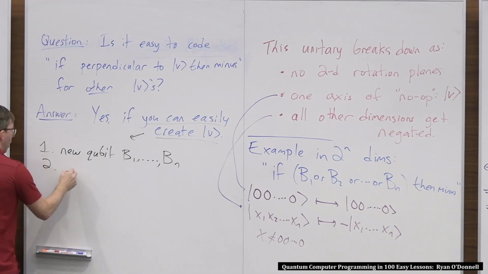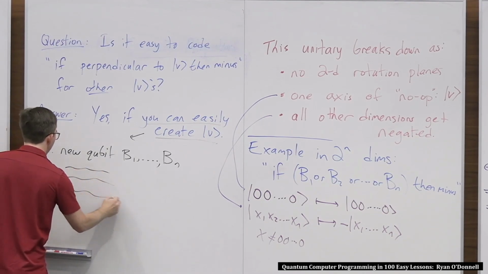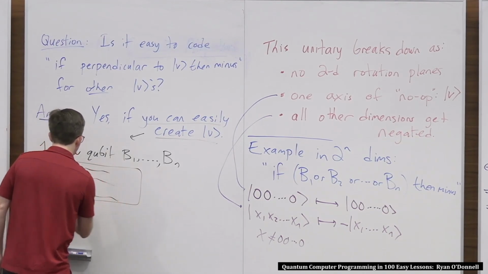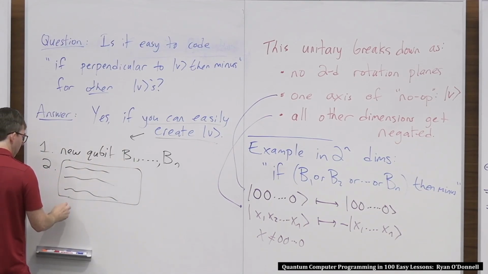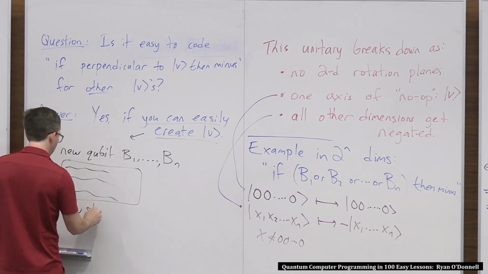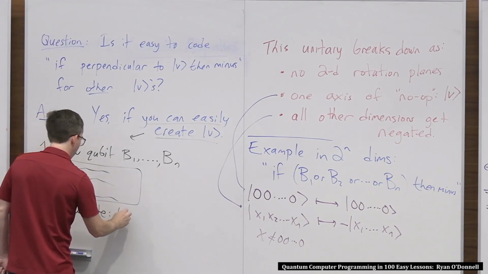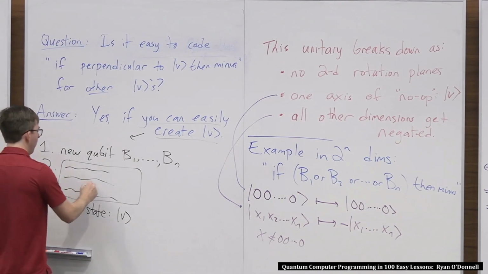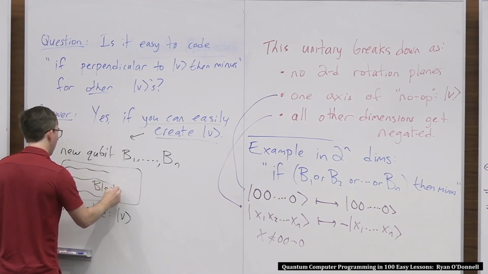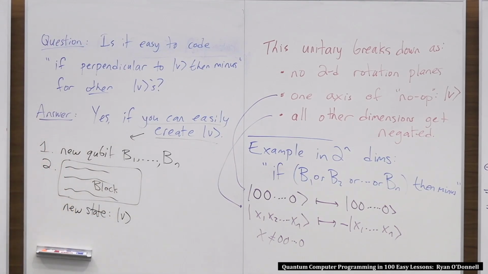And then you have a block of code, and at the end of the block of code, the new state of these n qubits is V. If you compress this block of code all together, think of it as one composite operation.